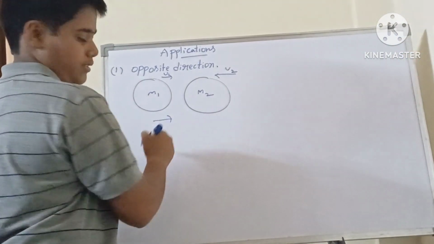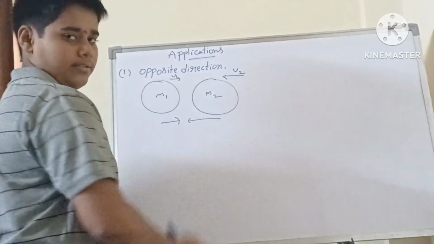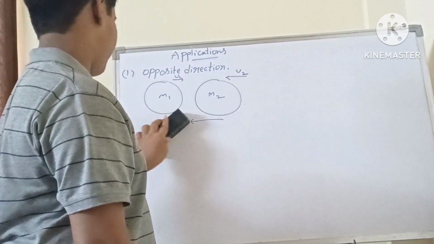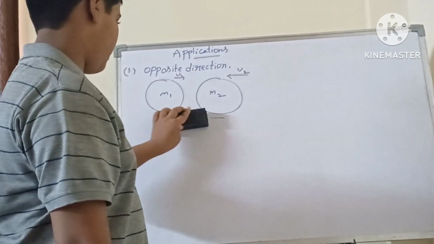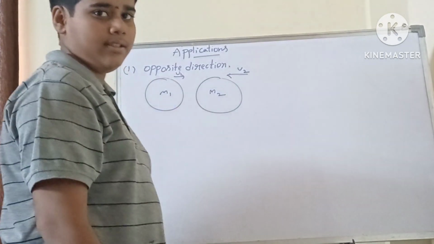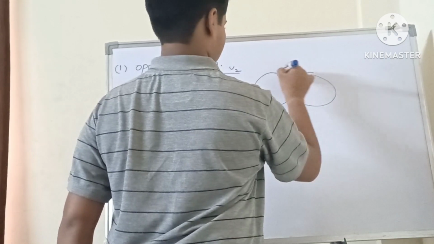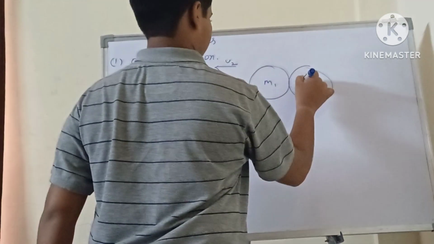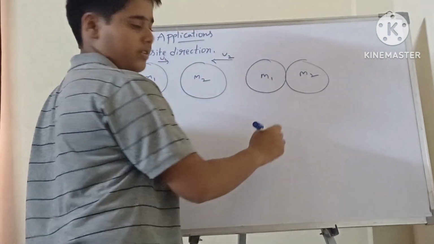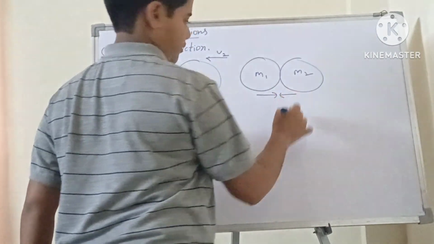This is going like this and this is going like this. So this is before collision, and during collision this is m1, m2. Okay, so these both collide.